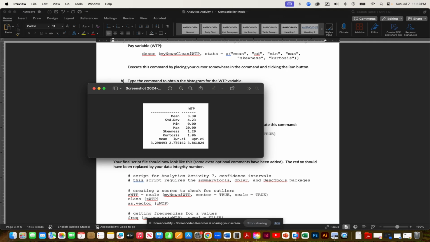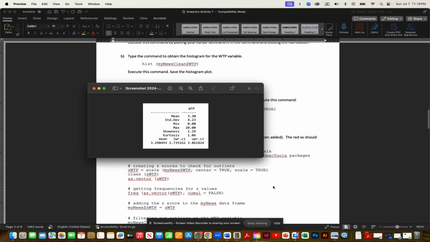At the bottom, there's a lower confidence interval and then the upper confidence interval. And this is in dollars. If you take a look at the details about the data, that's what you'll discover.